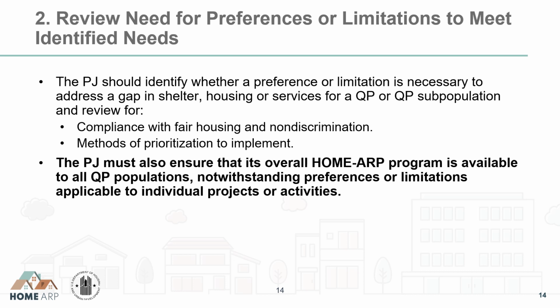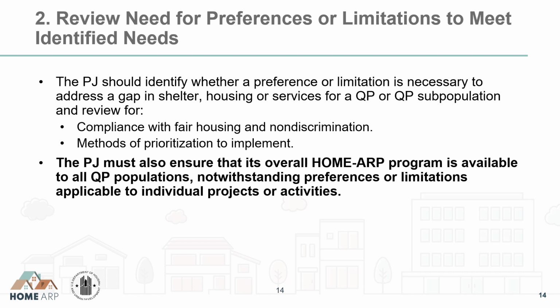After identifying eligible activities to fund, the PJ should determine whether a preference or limitation is necessary to address a greater gap in benefits and services, a gap in shelter, housing, or services for a QP or QP subpopulation, and review for compliance with fair housing and non-discrimination. We will talk in more detail about fair housing and non-discrimination on the next slide.